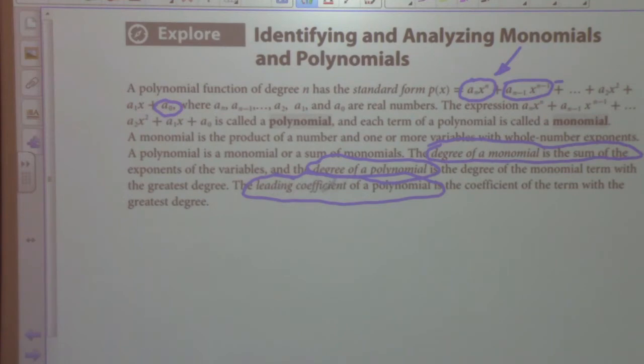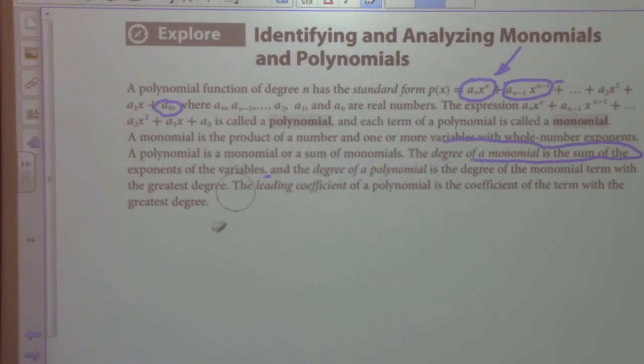In addition to the leading coefficient, there's the nature of a polynomial that has to do with whether that leading coefficient is a positive number or a negative number. We've dealt with this already with quadratic functions that opened up or down depending on negative or positive. So just a few things, and we're going to be going over these today.